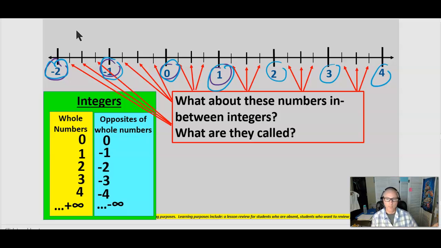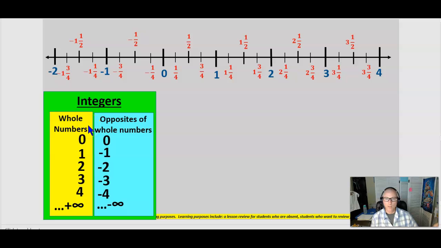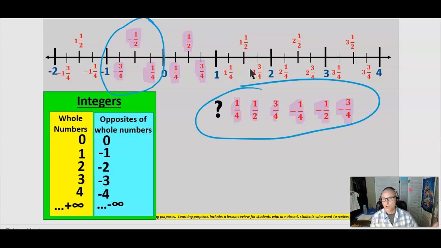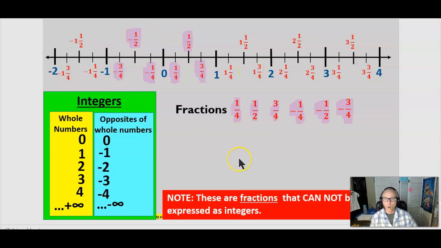We've got that. But the numbers in between, like these ones right here, are called fractions. Notice these are fractions that cannot be expressed as integers. For example, 1/2 cannot be expressed as an integer. But what if it were 2/1?